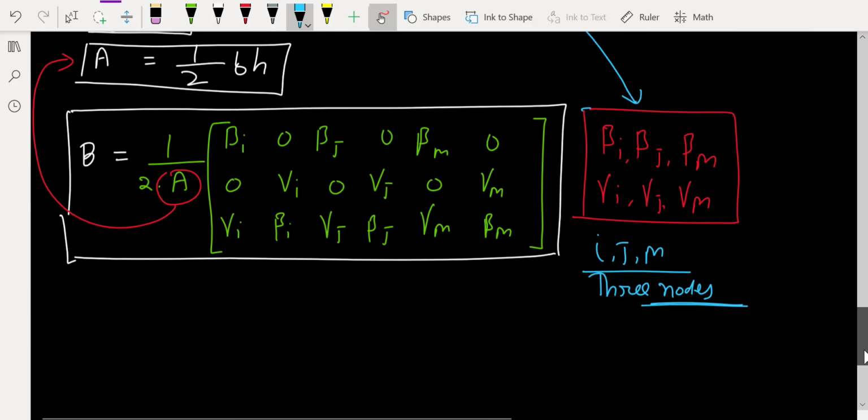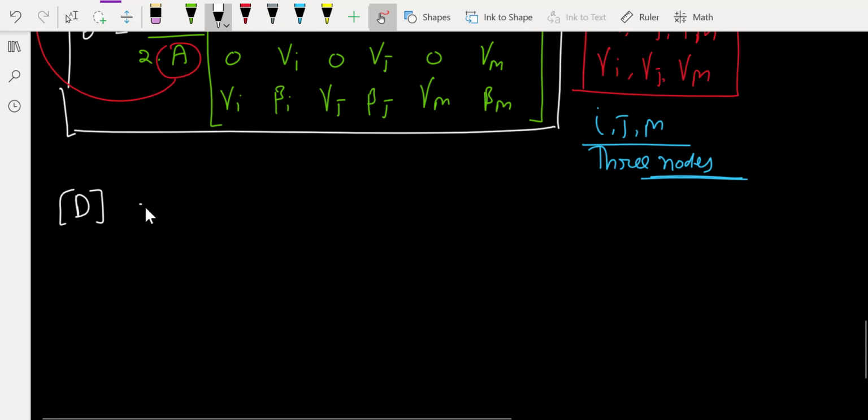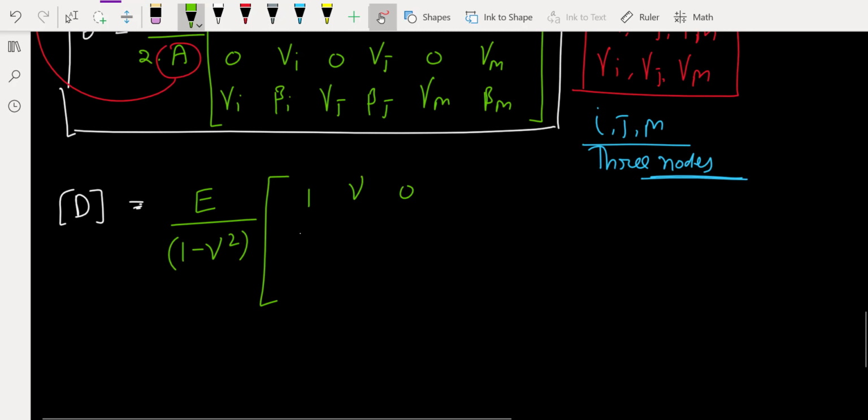Then the last one, D, is the stress strain relationship. D is E by 1 minus nu square, times the matrix 1, nu, 0; nu, 1, 0; 0, 0, 1 minus nu by 2.